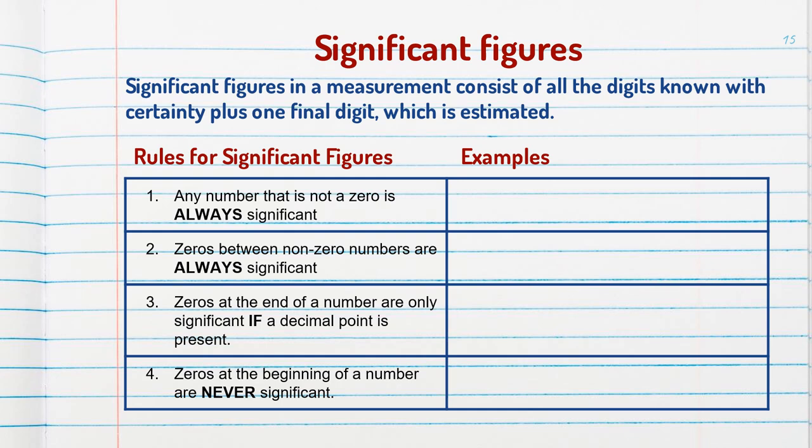The first rule is any number that is not a 0 is always significant. So right, I've got 3 sig figs. So zeros between non-zero numbers are always significant as well.